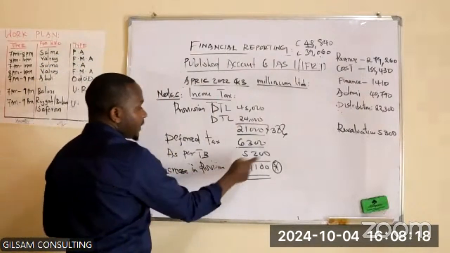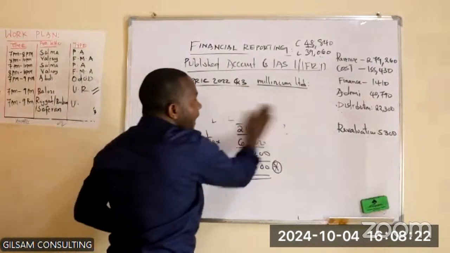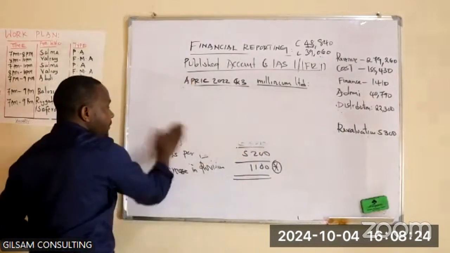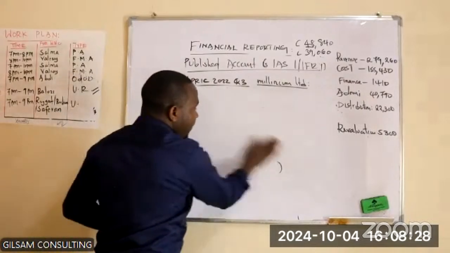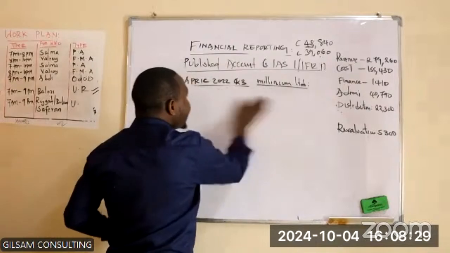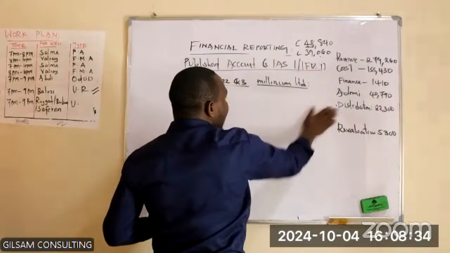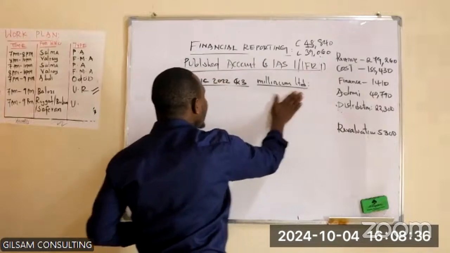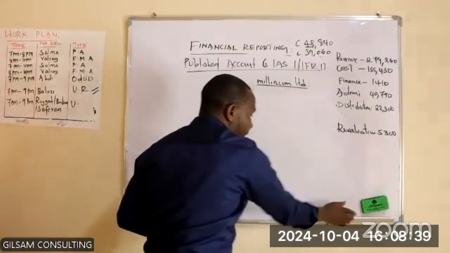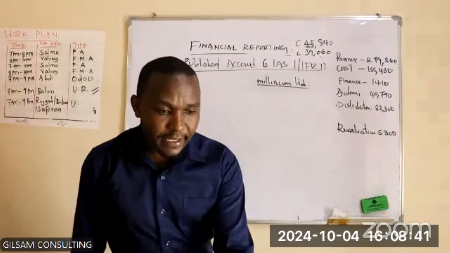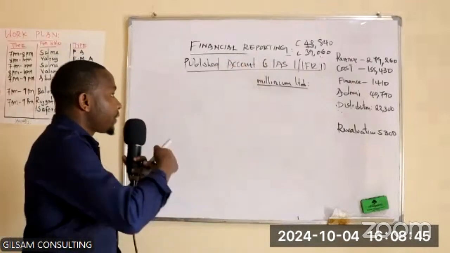So we have 1,100 here, so don't forget. And actually, this is what the auditors normally do. You, the accountant, provide all the notes, the auditor will come and pick the notes you have, and then they start doing the reporting, which they don't have a lot of work.